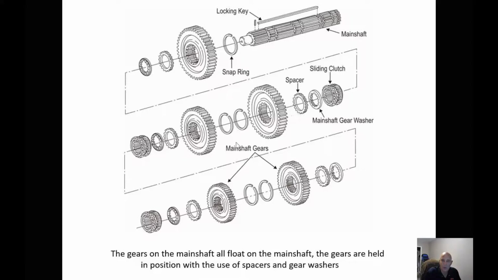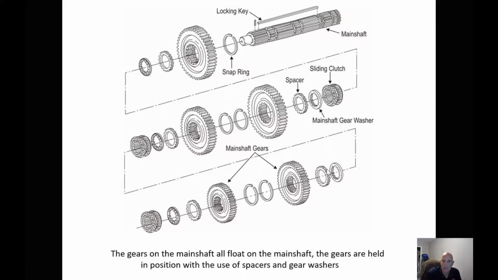Now, older types of transmissions used to have different thicknesses of spacers, and that would allow your clearances between your two gears for oil. If it wasn't tight enough or was too loose, then you would adjust with different thicknesses of these spacers. The newer models of transmissions all use the same spacers, and you'll see that when you go to assemble your transmission.